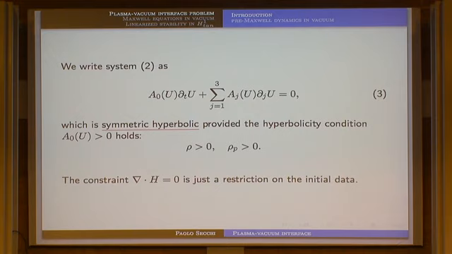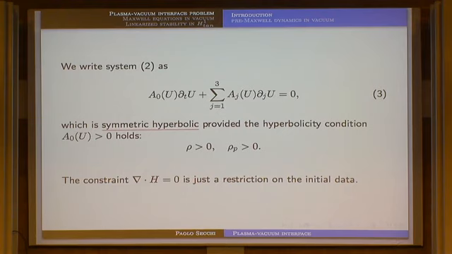So it is written as a symmetric hyperbolic system because all the coefficients of the derivative are symmetric matrices, and the coefficient of the time derivative here, A0, is also positive definite, provided that we have these hyperbolicity conditions, physical conditions that the density has to be strictly positive, and the derivative of the density with respect to the pressure also has to be strictly positive.